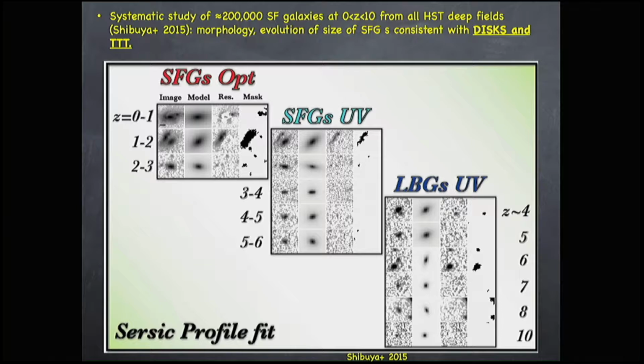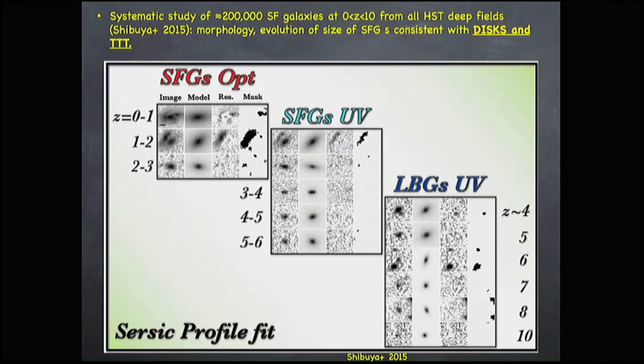Well, I like to cite this particular paper, which I found interesting, from this author and his team from the University of Tokyo a few years back. These people downloaded pretty much the whole Hubble Legacy Archive and identified some 200,000 star-forming galaxies at any redshift, selected in a number of ways to study their morphology.